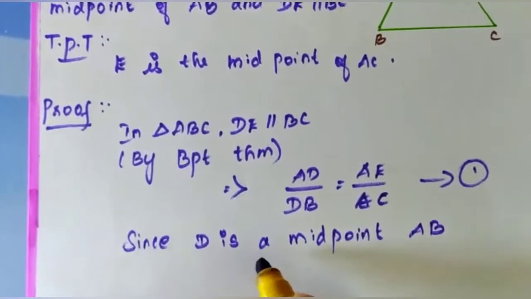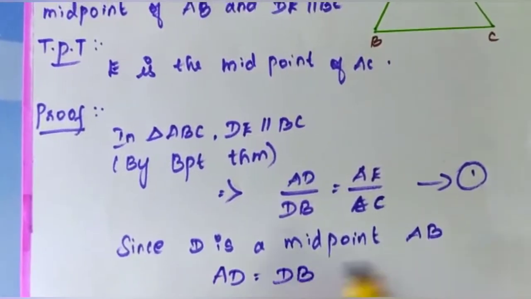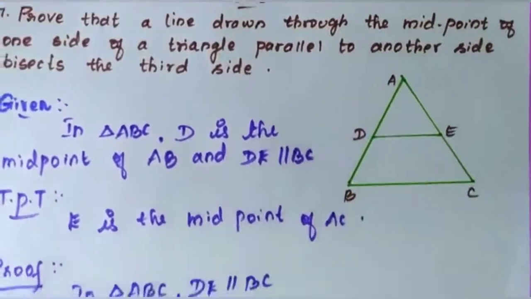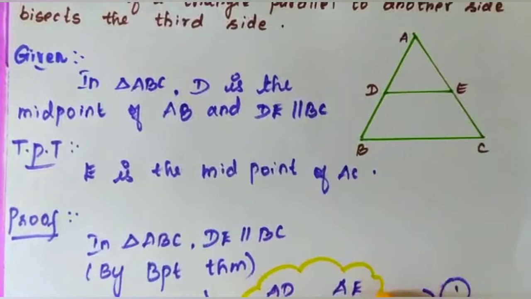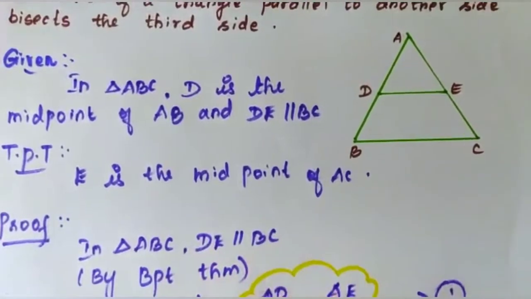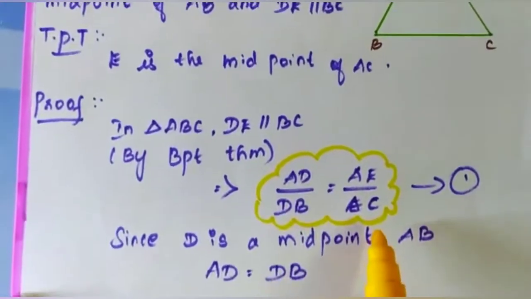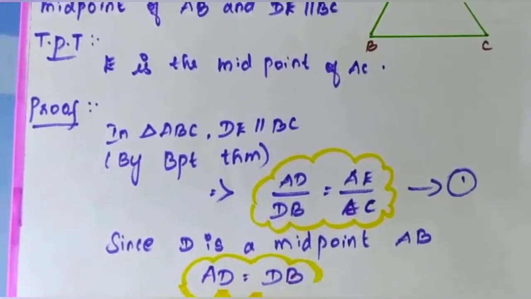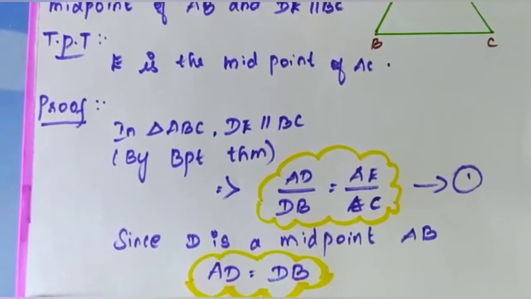So we can tell that AD is equal to DB, since D is a midpoint, AD is equal to DB. By the BPT theorem I have written the first, and D is the midpoint of AB, so AD is equal to DB. Mark this as 2.